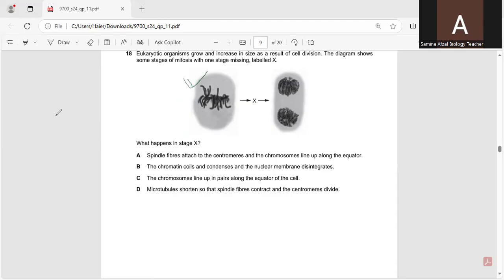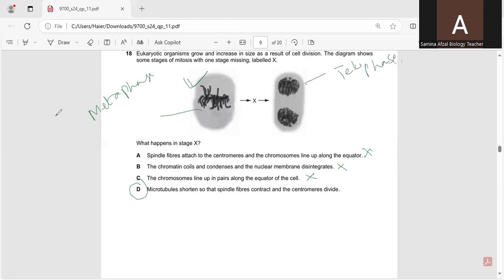The chromatin coils and condenses and the nuclear membrane disintegrates. The chromosomes line up in pairs along the equator of the cell. No, no. Microtubules shorten so that spindle fibers contract and the centromere divides. D is the correct option. As you know, students, this is the metaphase, and this is telophase.